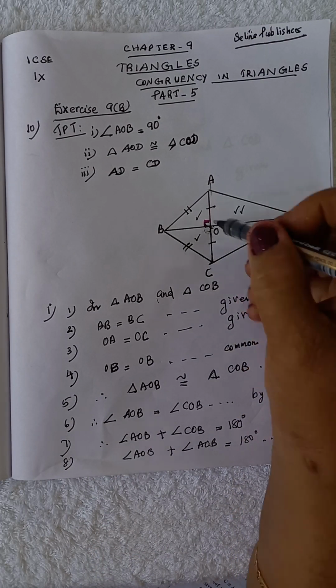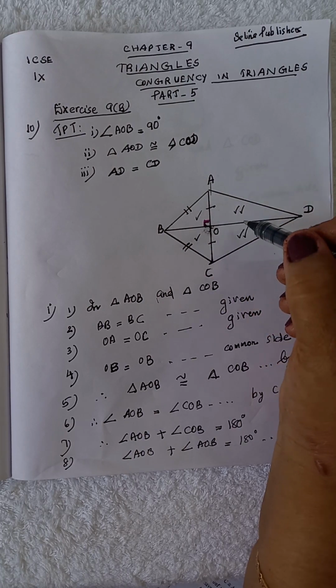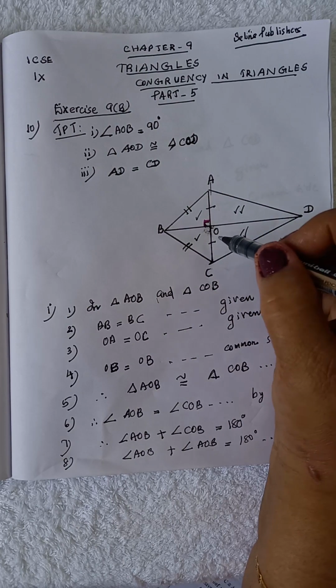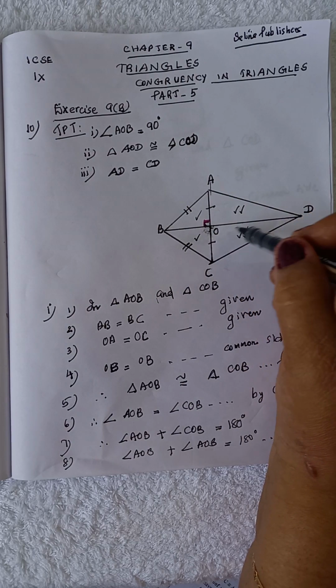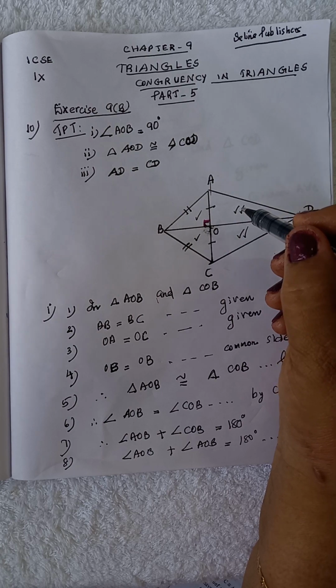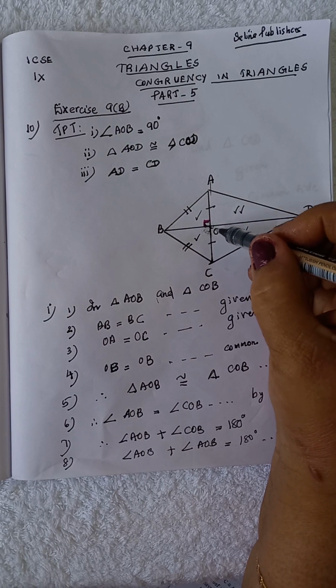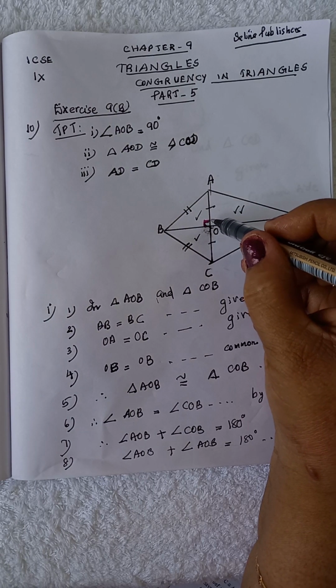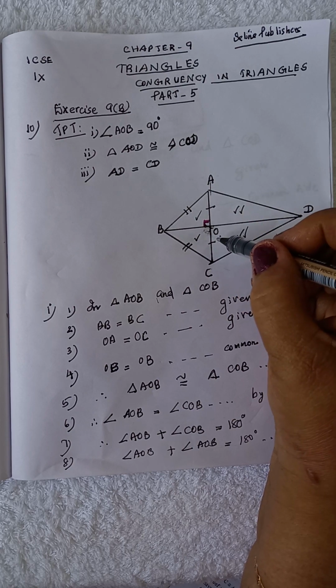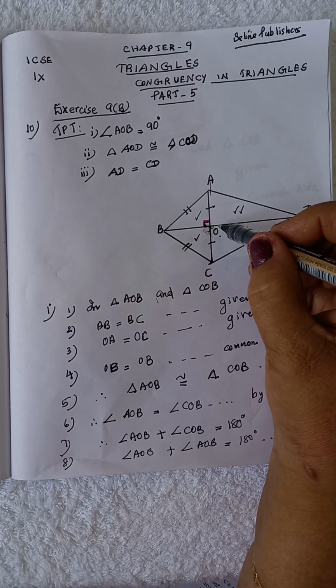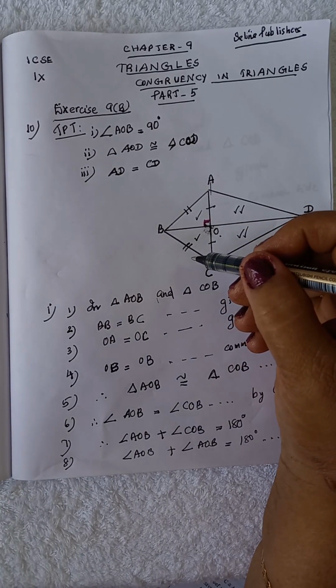Both are equal. So this angle COD that is equal to angle AOD and each is 90 degree. Because here also we are getting linear pair, that is total of this angle and this angle will give you 180 degree. So each will be 90 degree as in the first part of the question.